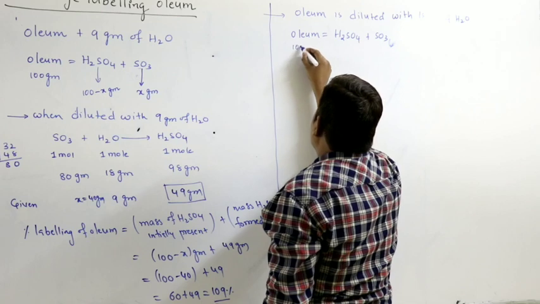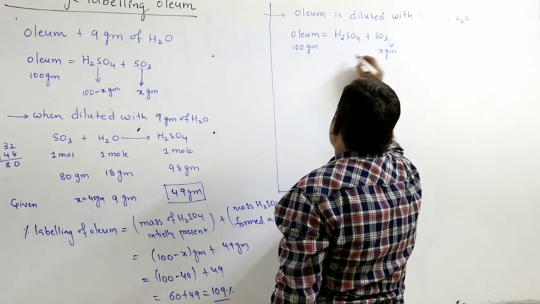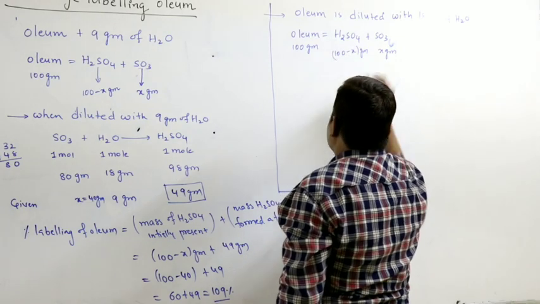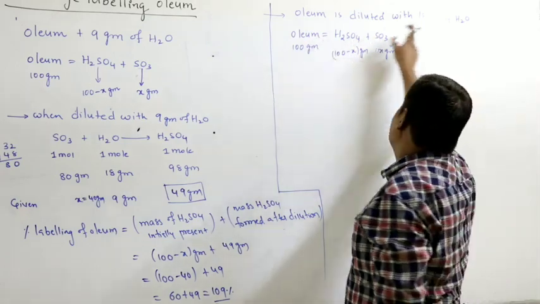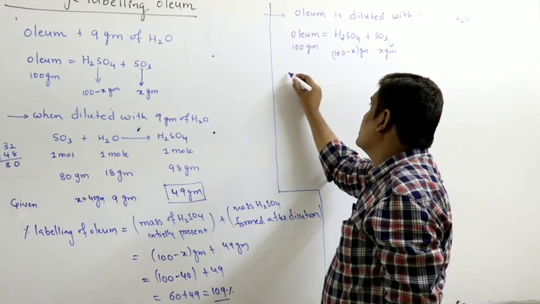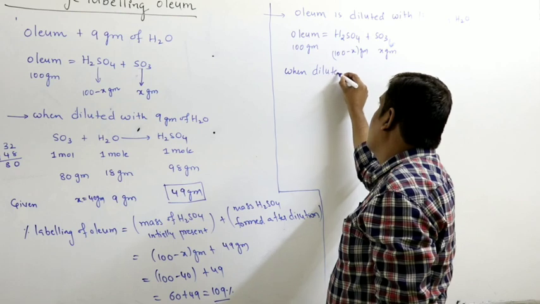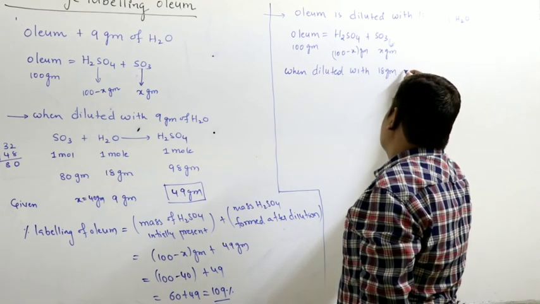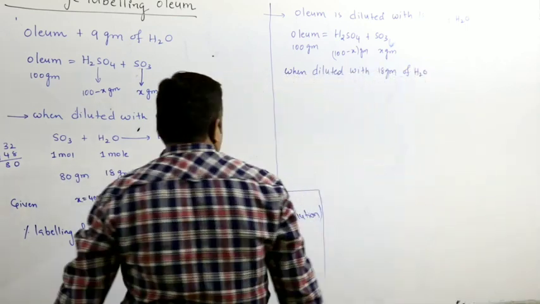We take 100 grams of oleum. Let us assume X grams of SO3 is present. So initially the amount of H2SO4 present is 100 minus X grams. To this oleum we are adding 18 grams of water.